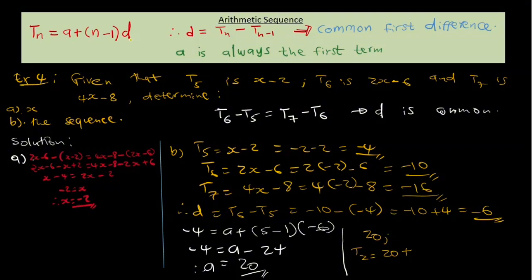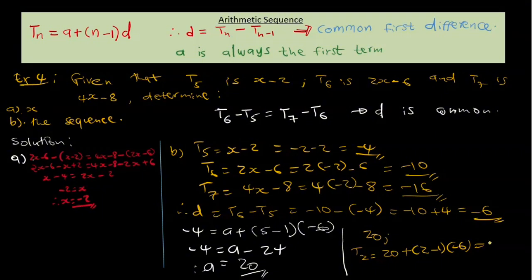For T2, we know n is equal to 2, and d is minus 6, so it's 2 minus 1 times minus 6, which is minus 6.